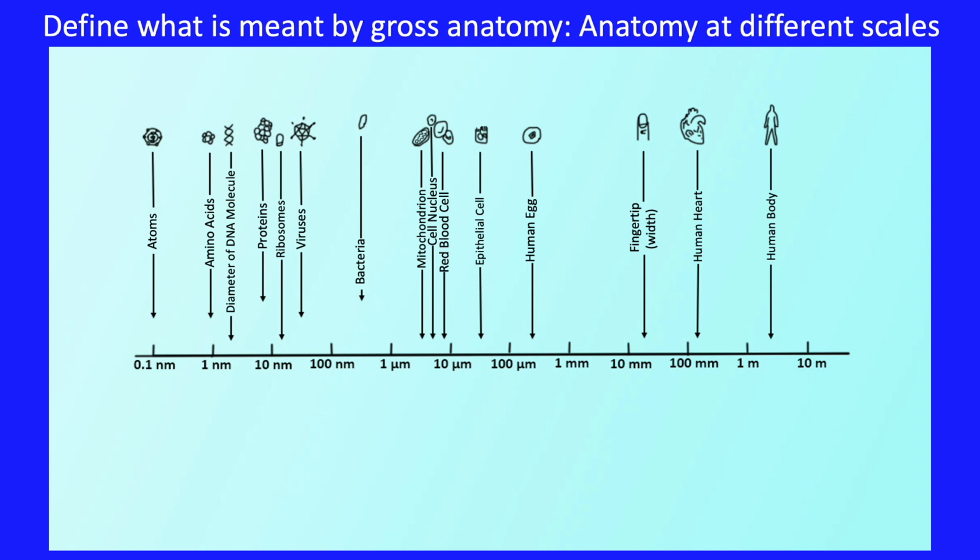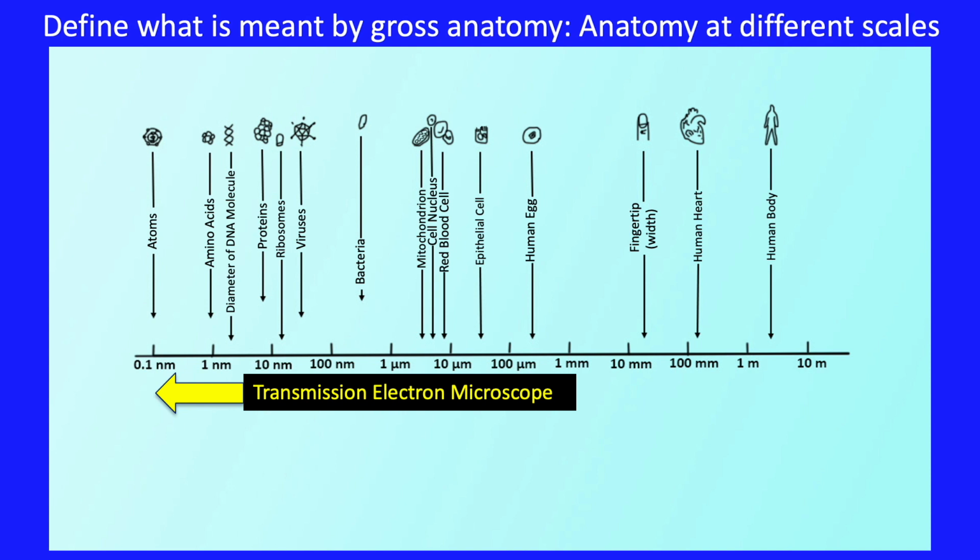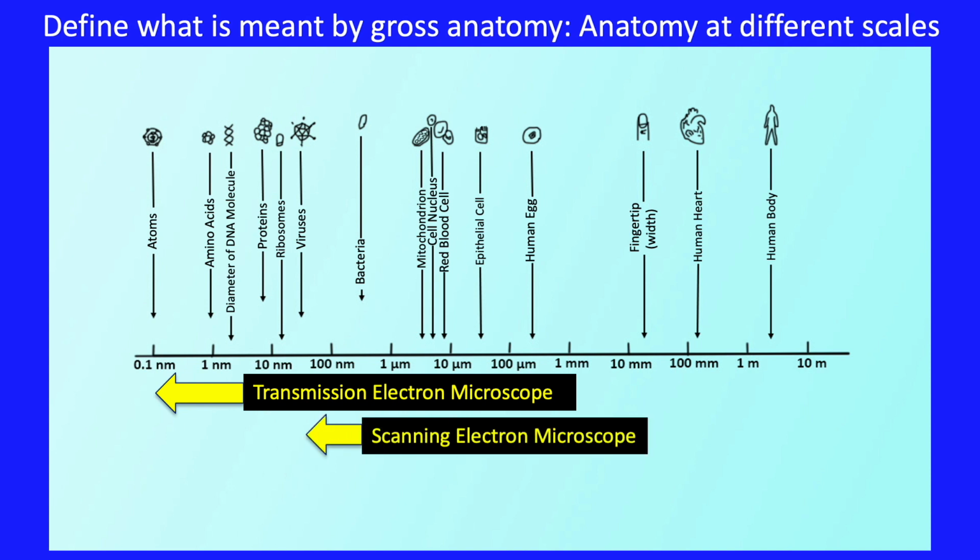As alluded to in the introduction, the study of anatomy is the study of all structure. However, we're limiting our study to gross anatomy. What is this limitation? If you focus on the image for a second, you will see that we can see structures with different tools, including the transmission electron microscope, the scanning electron microscope, and the light microscope.